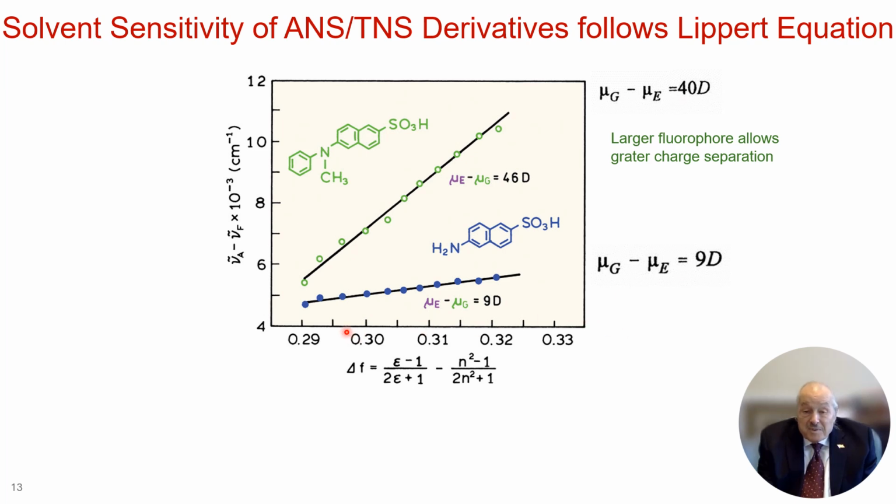So from the slope of the curve, you can calculate that dipole difference. I might have these in the reverse direction here, but I don't think that matters for consideration. But what you can see is the larger molecule has the larger slope, which means it has the higher change in dipole moment in the excited state, which is exactly what you would expect.